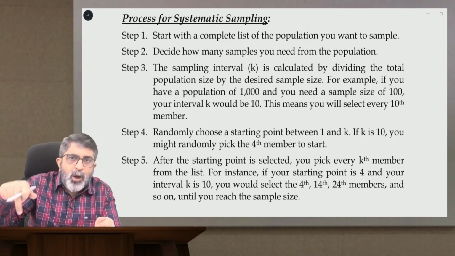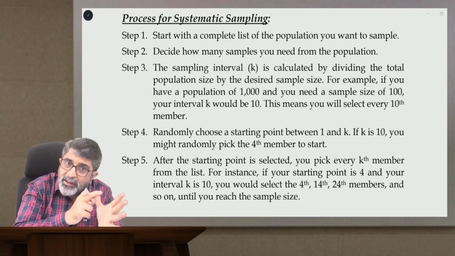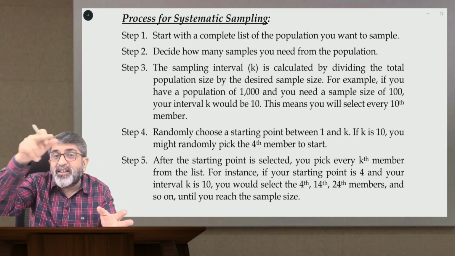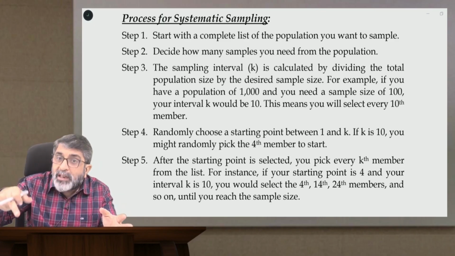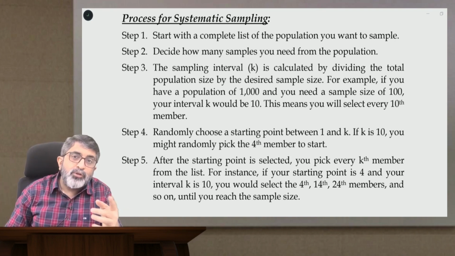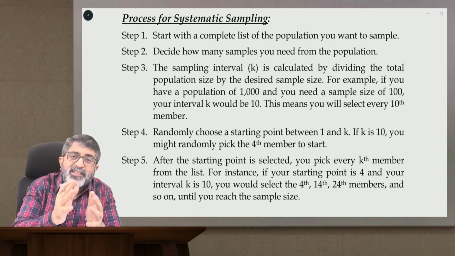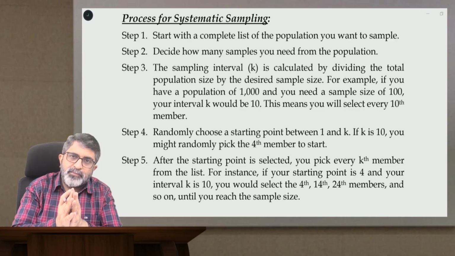So counting 5 from the second, 3rd, 4th, 5th, 6th, 7th, I will select the 7th member, then the 12th member, then the 17th member and so on. So my interval got a little narrower because the sample size was bigger.